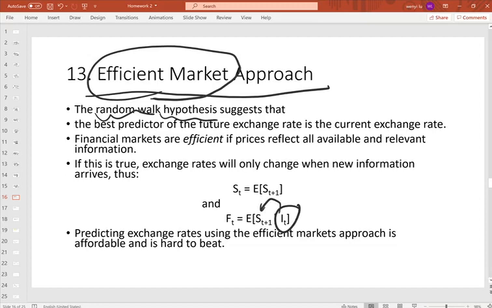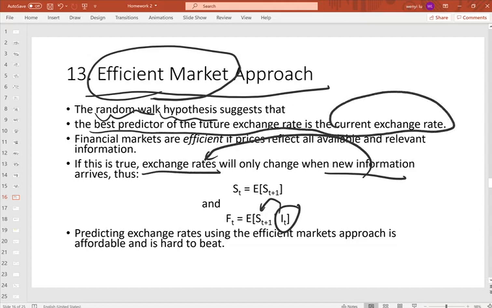Once any event happens, new information will always be reflected in the exchange rate. So the best predictor of the future rate is our current exchange rate, because the current rate is already absorbing all information.